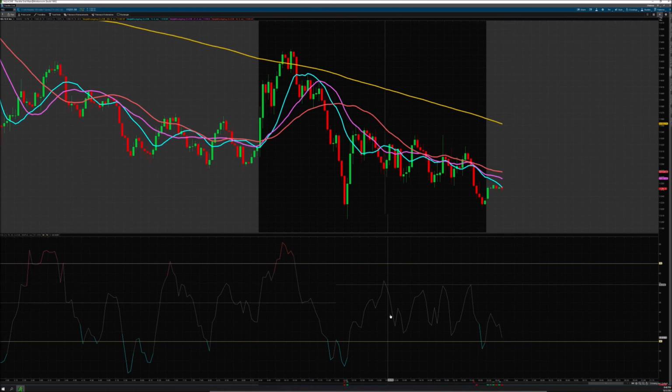You see this here in the middle. You don't want to enter into that here. For Sunday night, Monday, it's already oversold here.